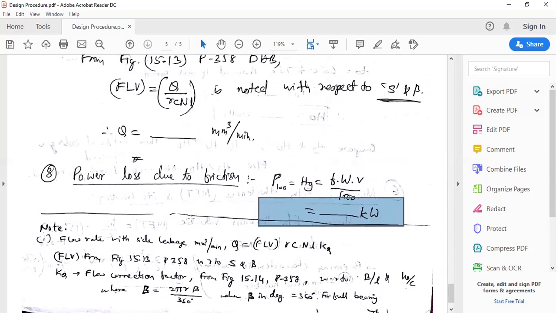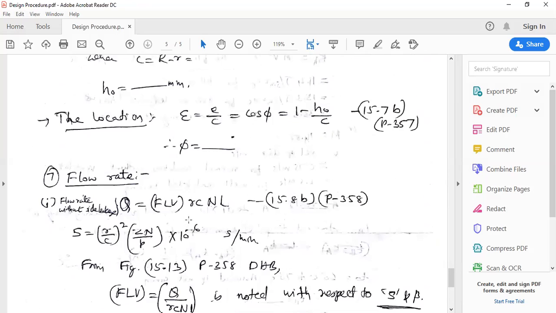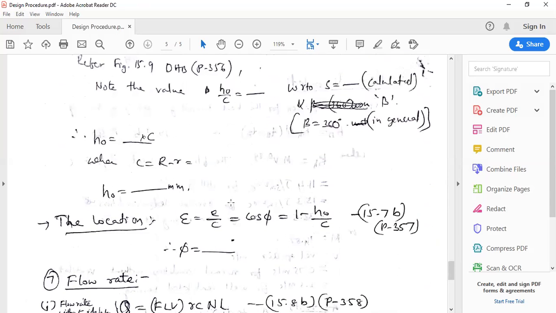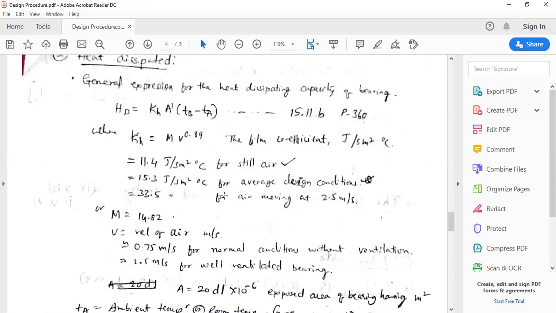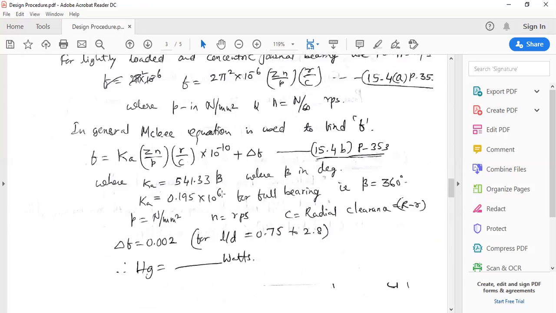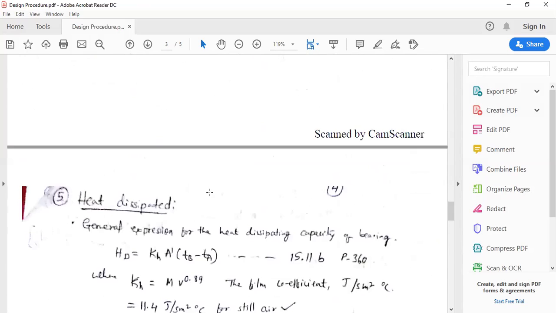So this is the general procedure. With respect to the given problem statement, if it is a bearing to be designed for any kind of machinery, say a centrifugal pump, reciprocating pump, steam turbine or gas air compressor, we have to follow all these 8 steps.